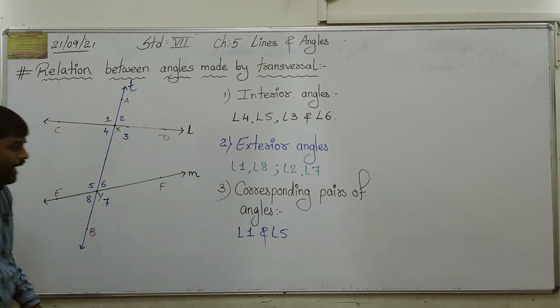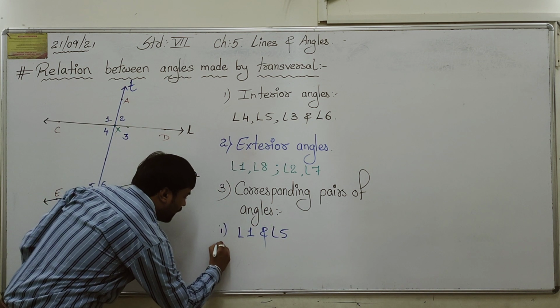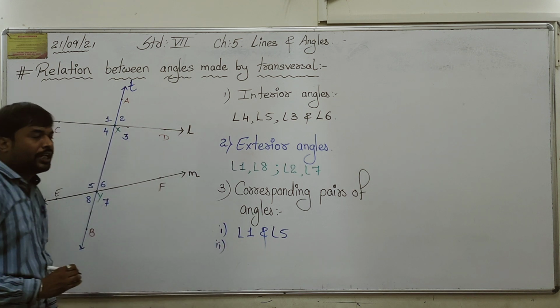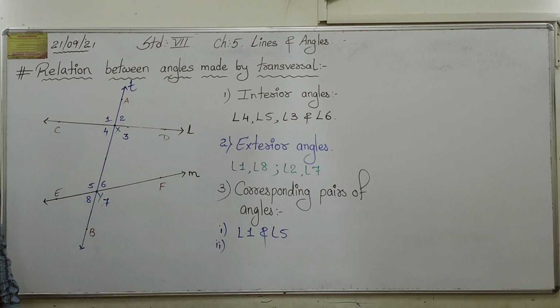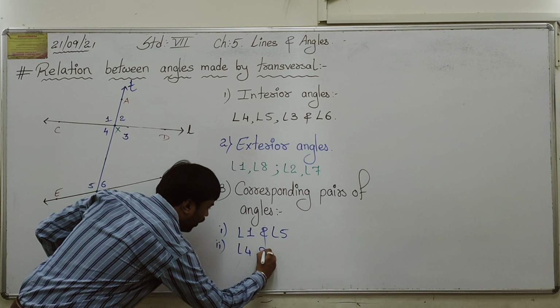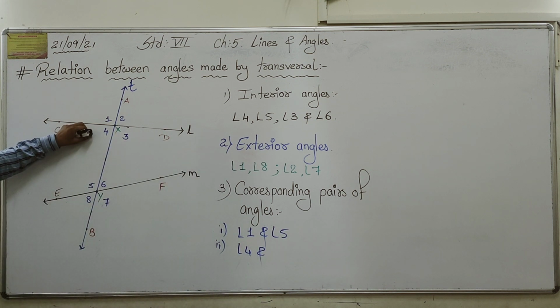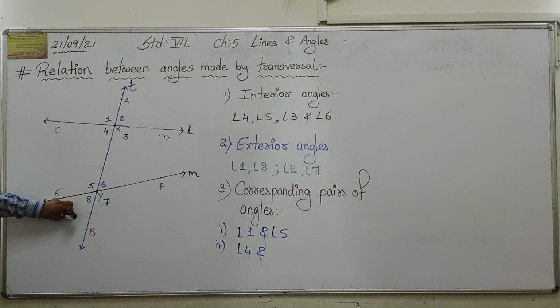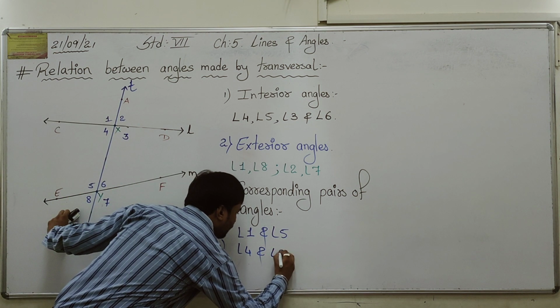Your first pair. Which pair are we writing? Corresponding pair of angles. Okay? Same side of the transversal, 1 and 5 are done. Now angle 4, and from 4 make a jump to angle 8.